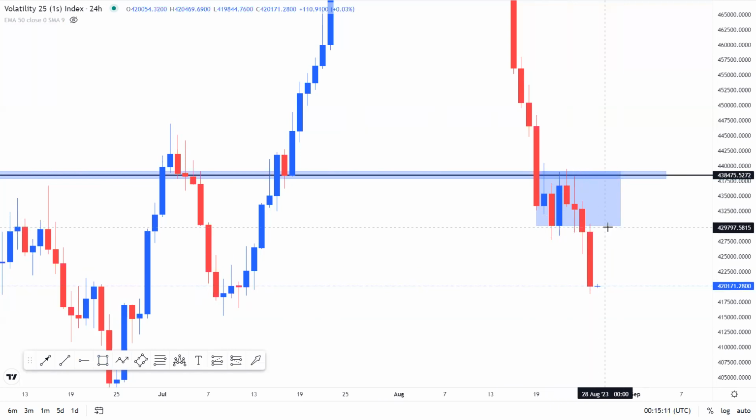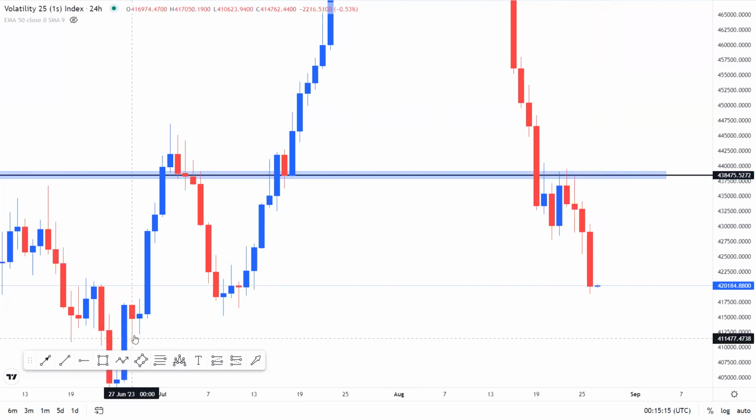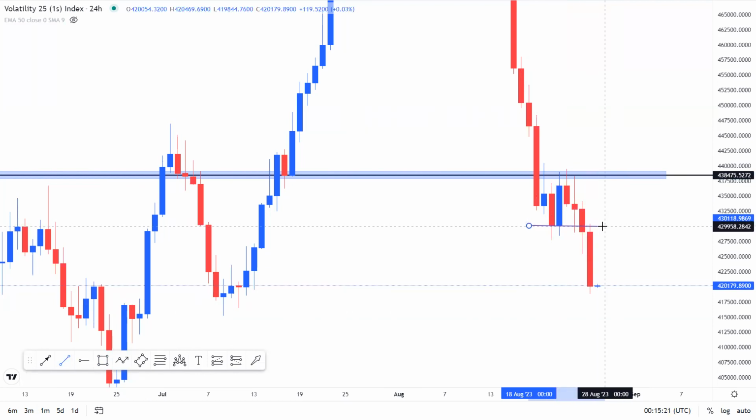Now, pay attention to the daily candlestick close right at this level. That's not to say the wicks are not important.